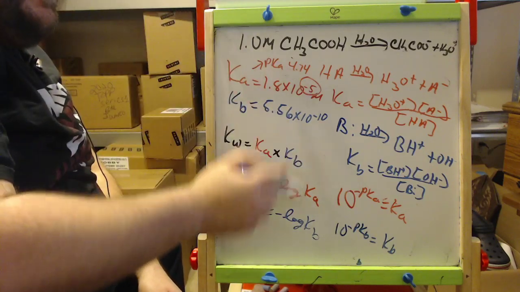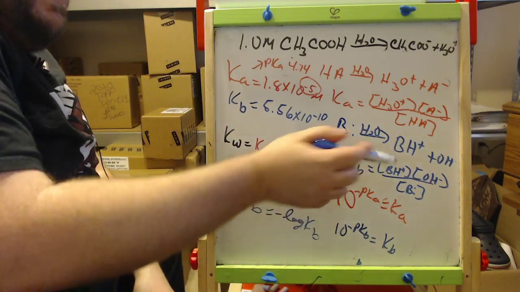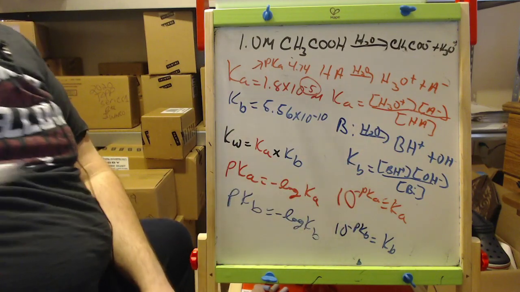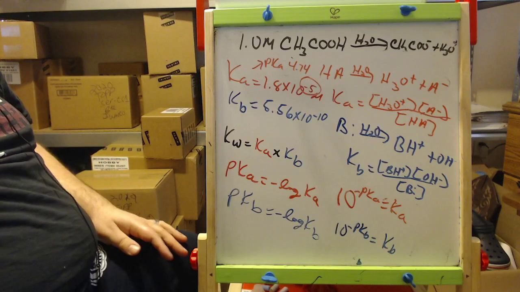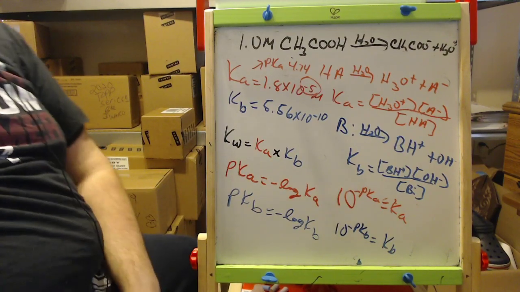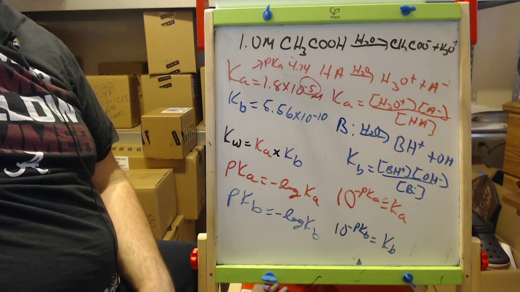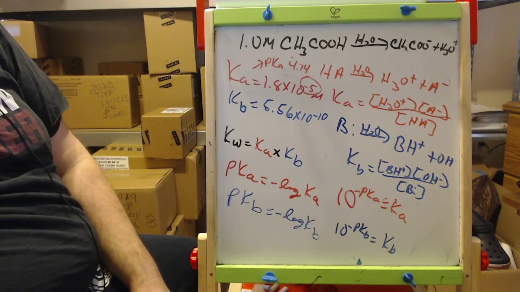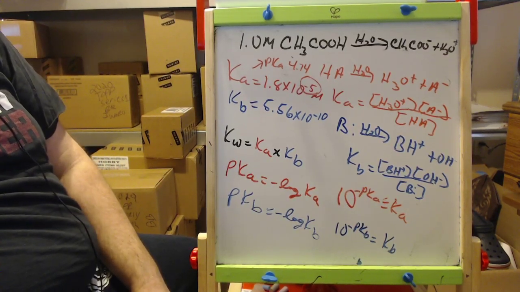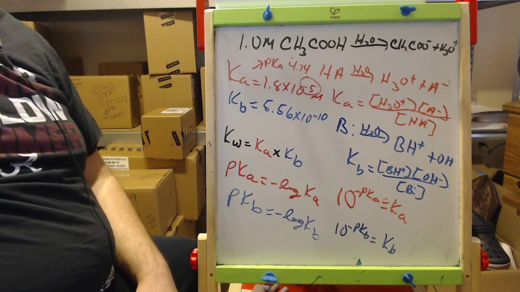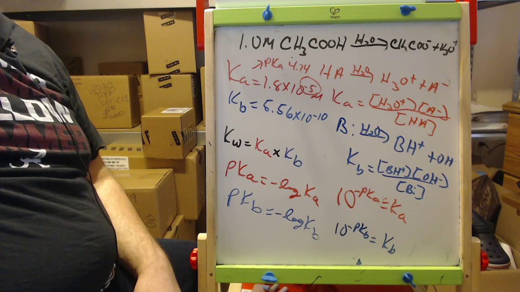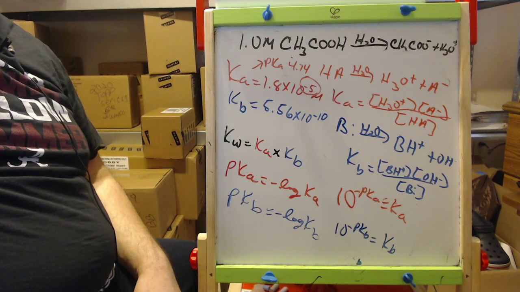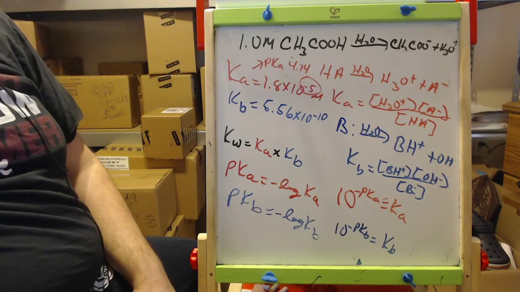If you're asked to find the Ka from a pKa or pKb, 10 to the minus pKa. Okay? Questions on that?